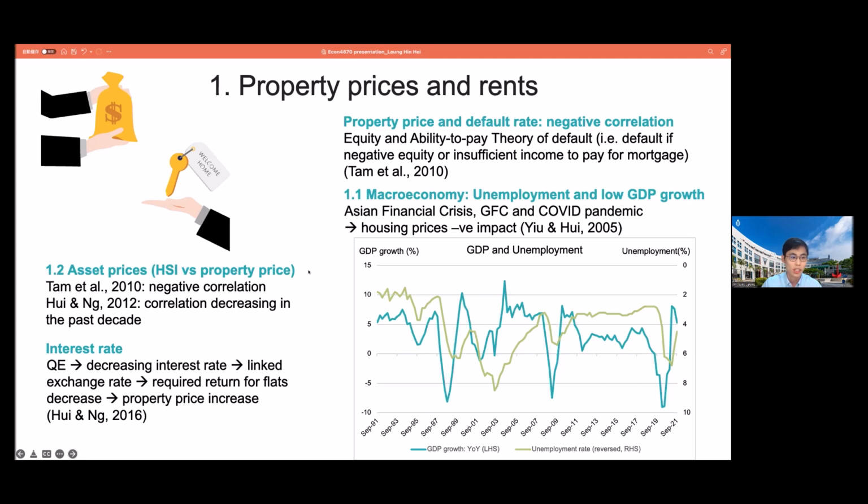As for interest rates, there has been quantitative easing in the United States since 2008, and interest rates have been low since then. Because of the linked exchange rate between Hong Kong and the US, the required return for flats in Hong Kong decreased a lot, and therefore with the same rent, people can afford higher prices for their flats.